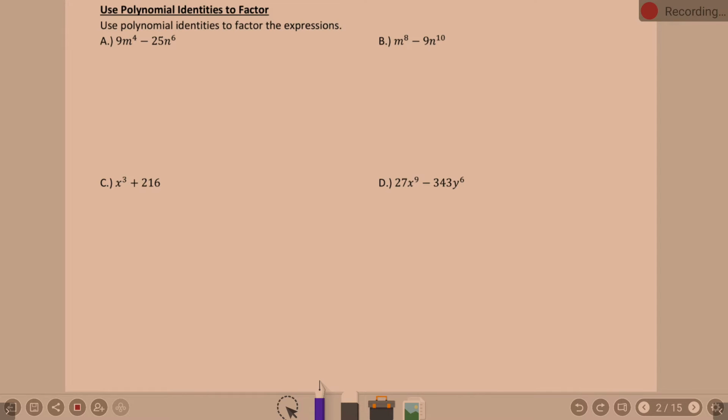That means this is going to be of the form a squared minus b squared, right? And if it's of that form, if you look up above, it's going to factor into a plus b and a minus b.